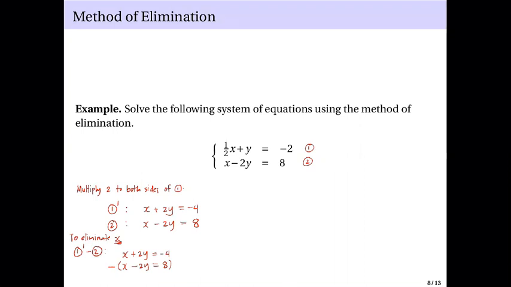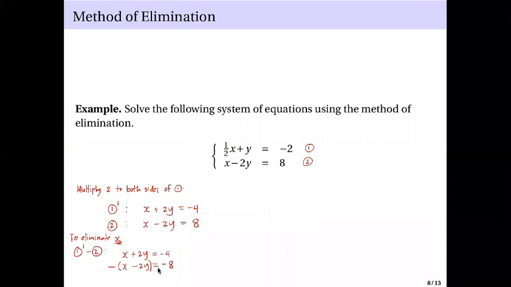Instead of doing this, where we have the parentheses and inside the parentheses you have the equality, you have to separate that. So this is what I'm going to write: x minus quantity x minus 2y equals, here you will have minus 8. If you have minus on the left hand side, you also have minus on the right hand side.